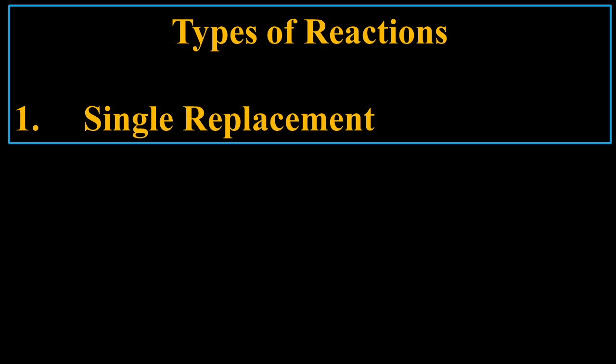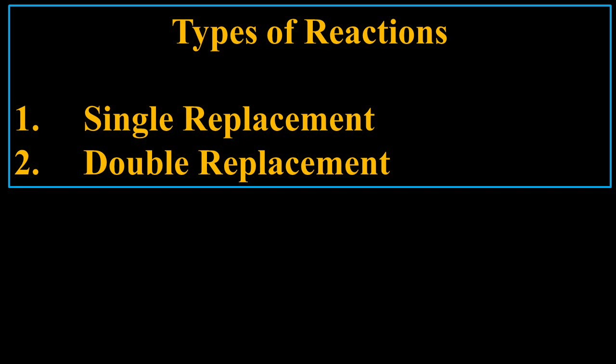And either displacement or replacement is descriptive enough to be used. You're replacing either the cation or the anion. There's actually 2 types of single replacement. There's those types that replace the cation and that which replaces the anion. And we'll look at those very closely when we actually begin.